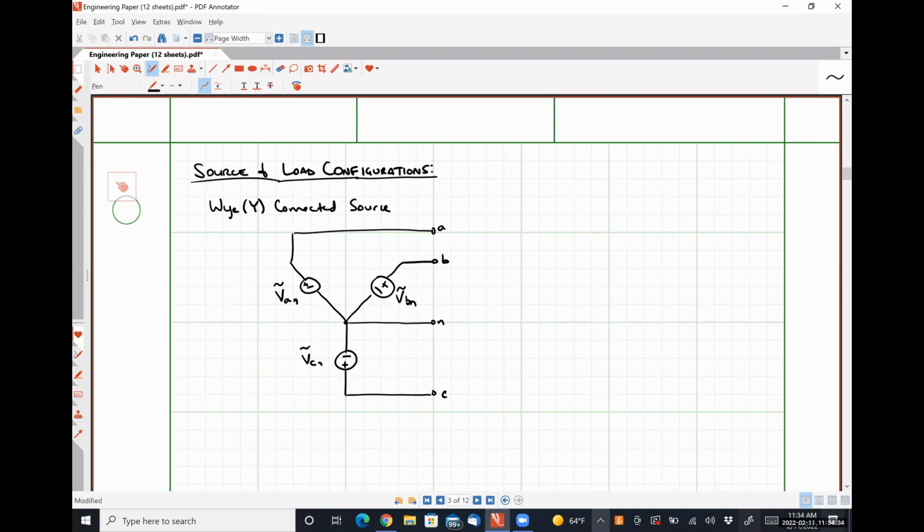Now, I find that drawing this shape is a pain. I don't particularly like to do it. So instead, I may choose to draw this three-phase source like so.